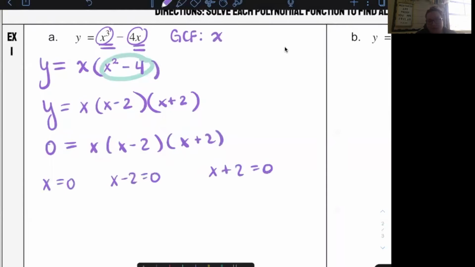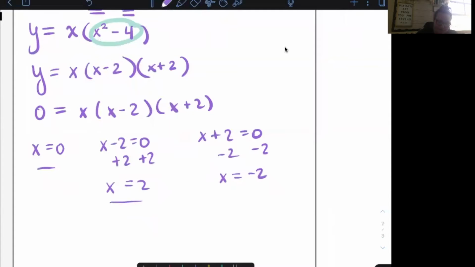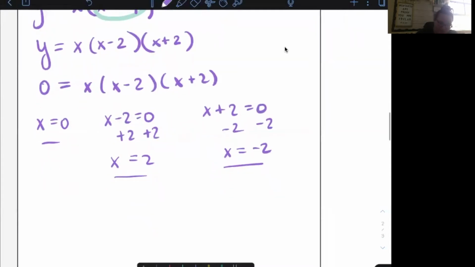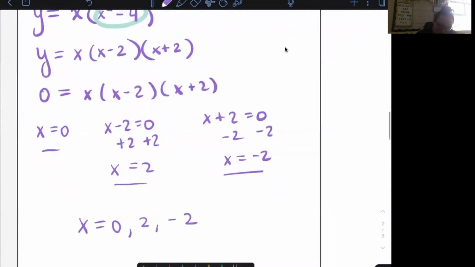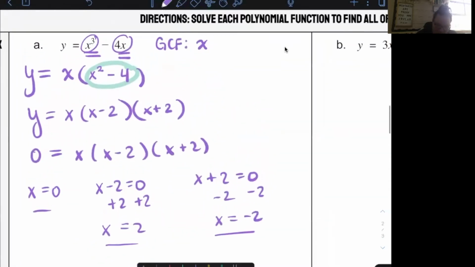And then we solve for x. I'm going to add 2 to both sides. I'm going to subtract 2 from both sides. And I have my 3 answers, x equals 0, 2, and negative 2. And I found all 3 of my x-intercepts.